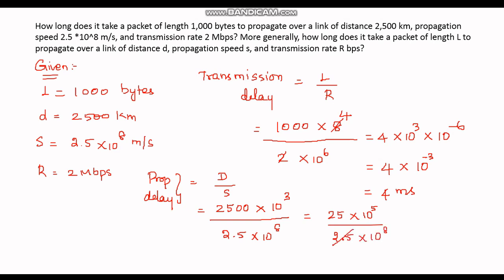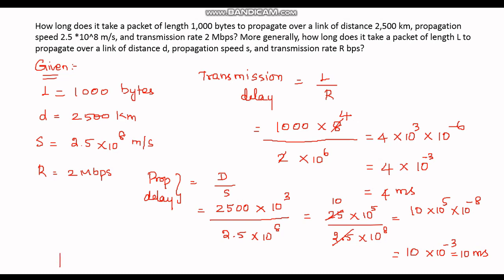When I cancel these, it becomes 10 into 10 to the power of 5 into 10 to the power of minus 8. So it has become 10 into 10 to the power of minus 3, which is nothing but 10 milliseconds.